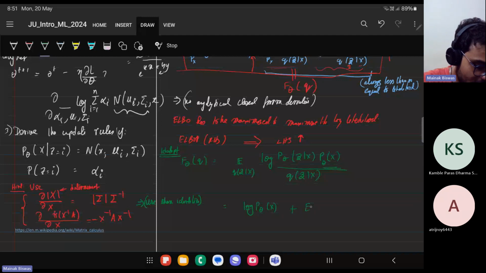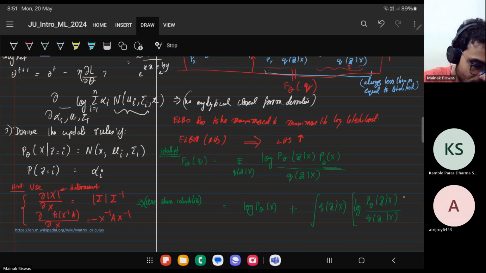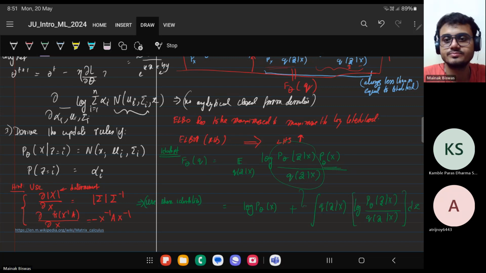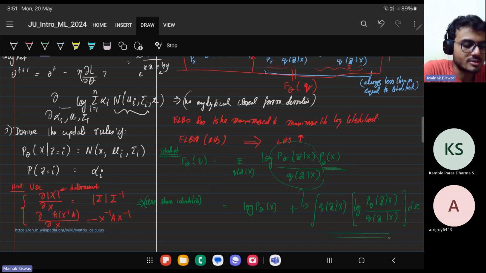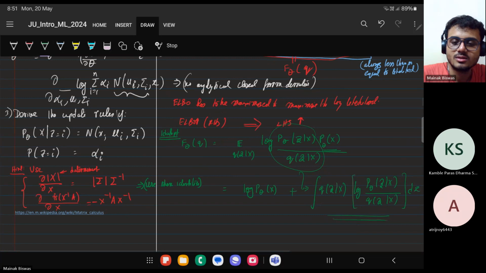Let me write it in terms of the integral. It will be easier for you to understand. Q of z given x log of p theta of z given x by q of z given x, right? These two terms here. Do you recall this term? What is this term? We showed this in one of our classes.